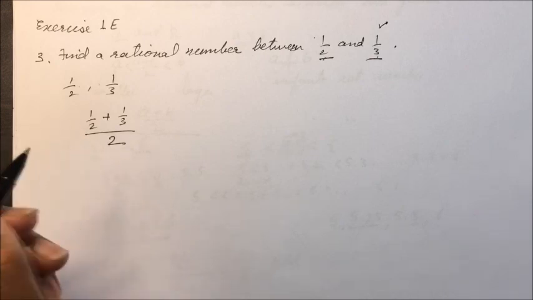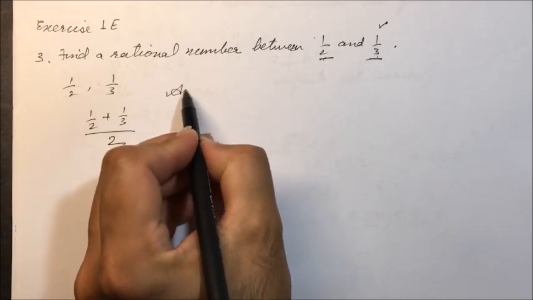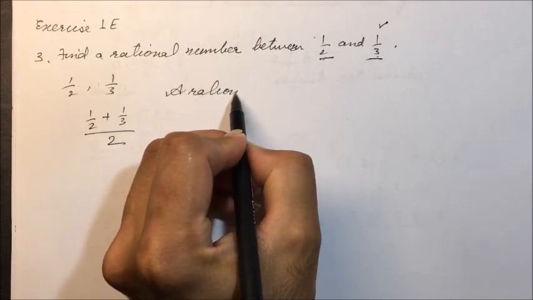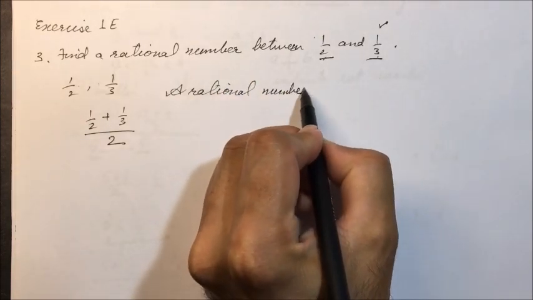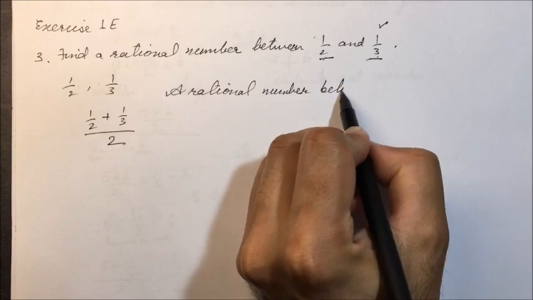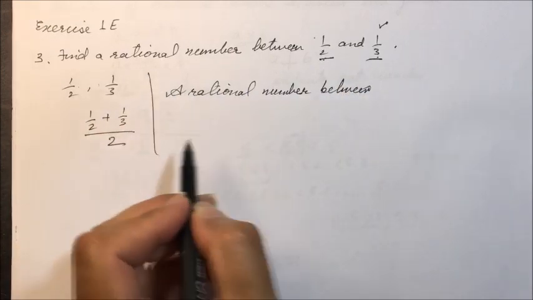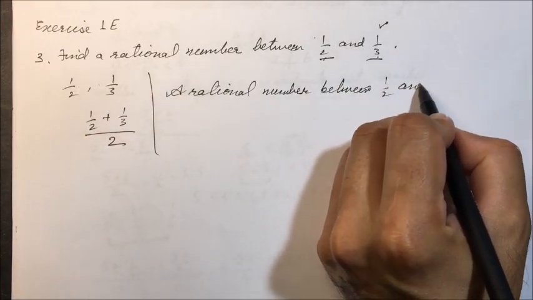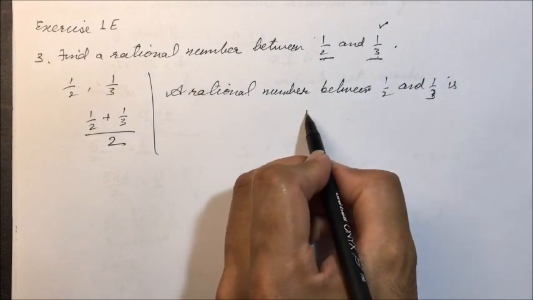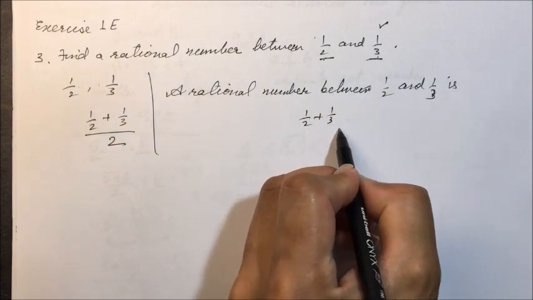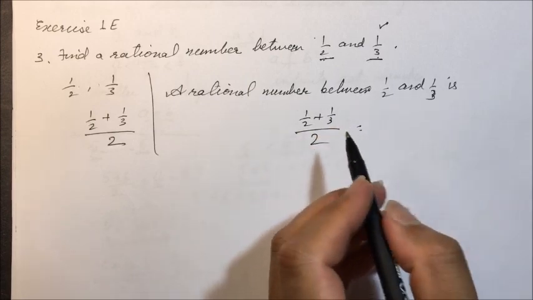So we'll write a rational number between 1 by 2 and 1 by 3 is 1 by 2 plus 1 by 3 divided by 2. This is equal to how much?